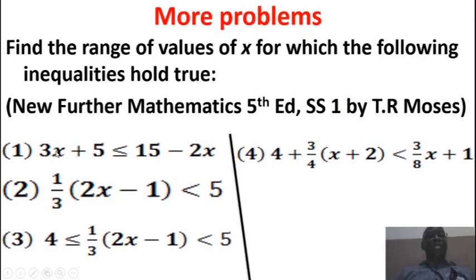the first one, 3x plus 5 is less than or equal to 15 minus 2x. Remember I said that the rule of operation here is that the variables maintain the left-hand side while the constants maintain the right-hand side, provided there is a single sign of inequality there.